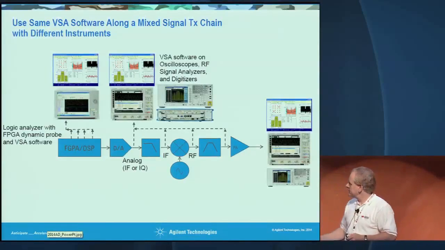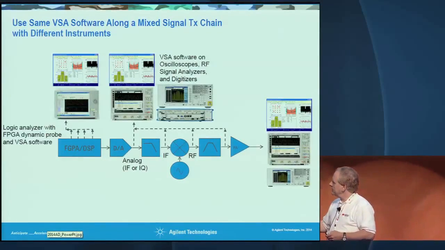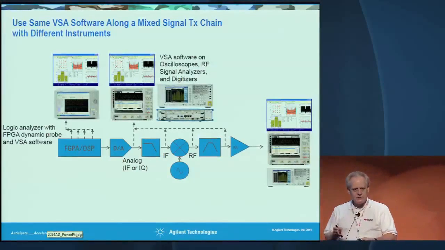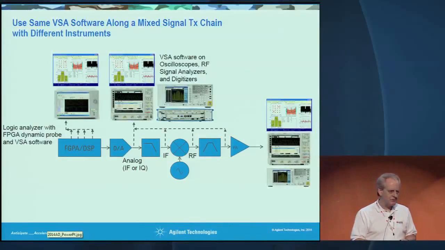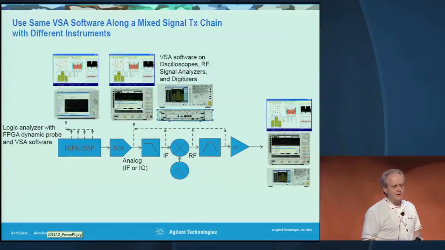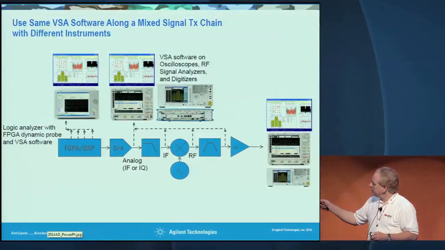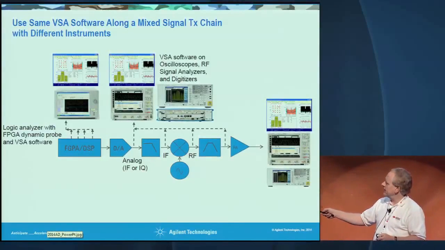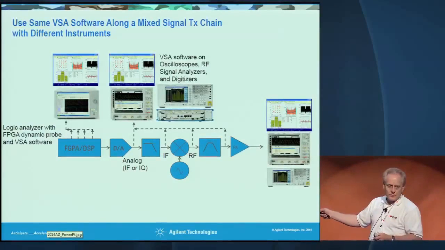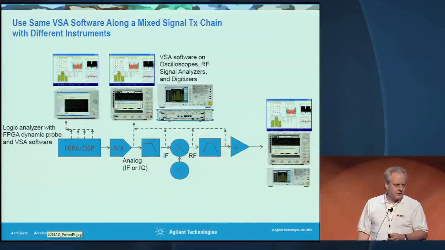To debug this, one handy thing is to be able to use the exact same software measurement tools at every place. And Agilent actually provides equipment for every place: logic analyzer, scope for analog baseband, modulated carrier analysis with instruments.